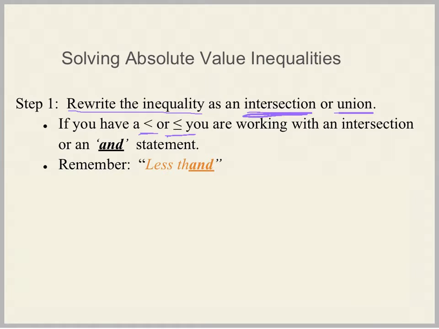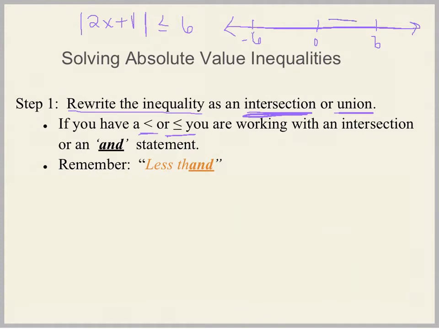Remember the idea of less than. For example, if we have the absolute value of 2x plus 1 is less than or equal to 6, let's think about that absolute value inequality on our number line. We know that absolute values are looking at the distance away from 0.